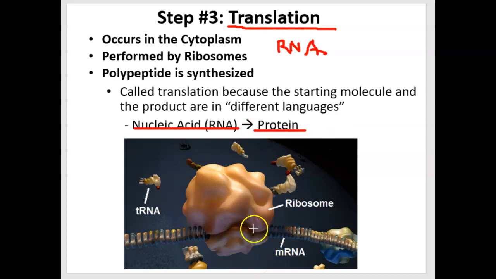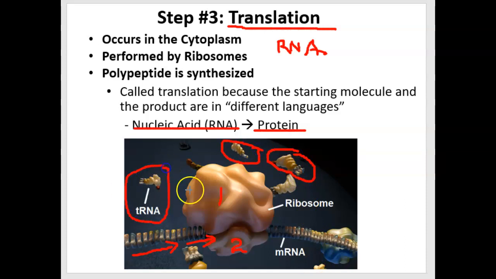So this is a picture of a ribosome moving along the messenger RNA. 2 subunits. Here's one subunit, here's the other subunit. And these are what we call transfer RNAs that bring the amino acids to the ribosome to assemble the protein.